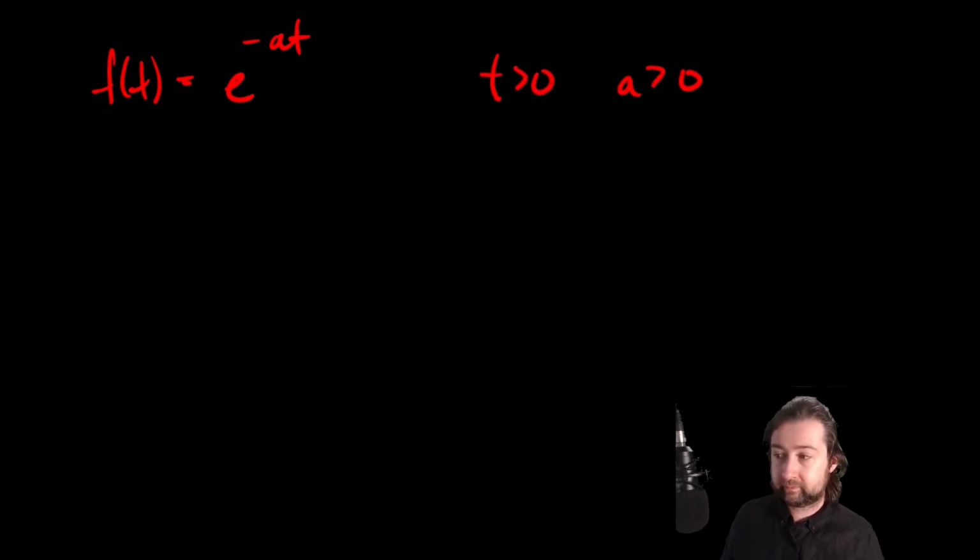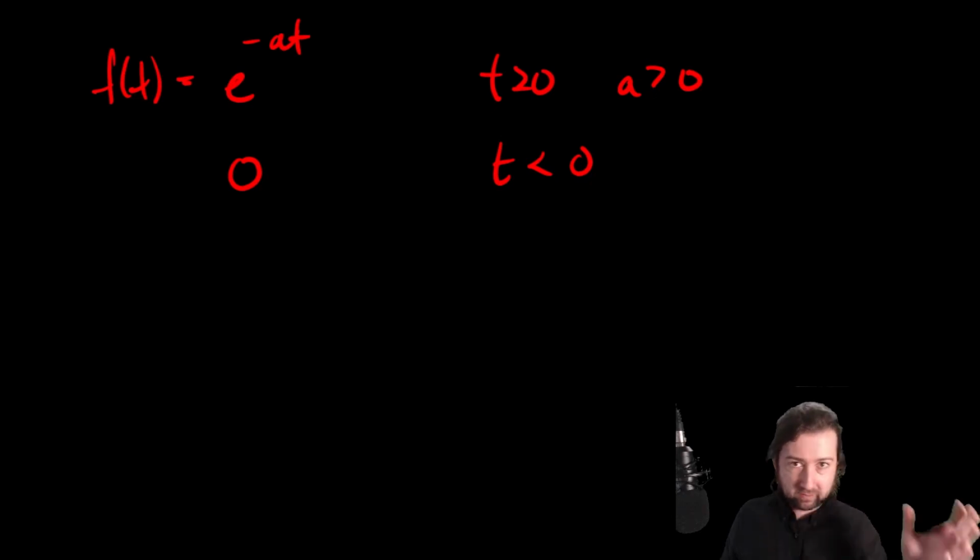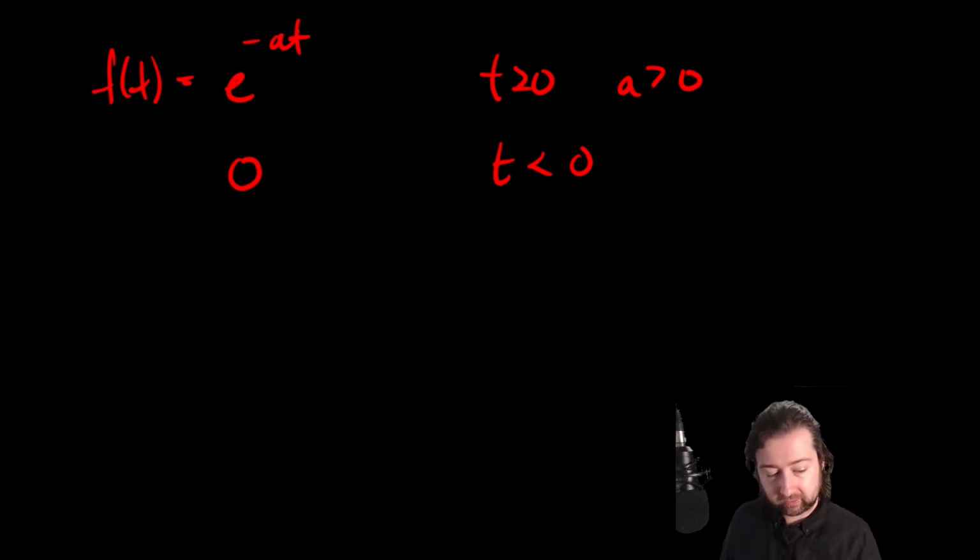So let's suppose that we had the function f of t equal to e to the minus at, where t is positive and a is positive. And we're going to let it be equal to 0 when t is negative. So this is just a positive time exponential decay. Its plot looks like this.